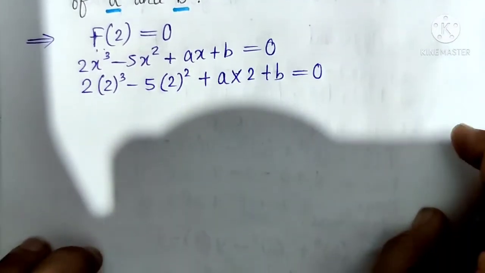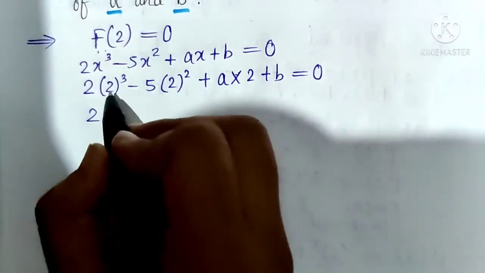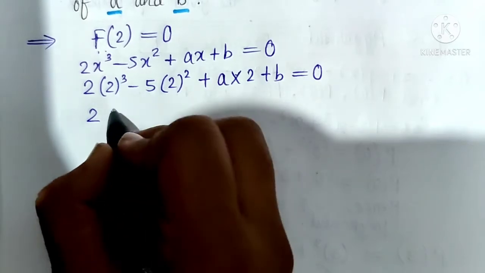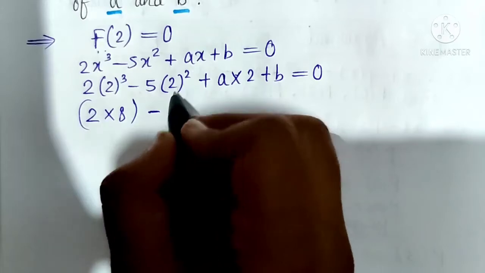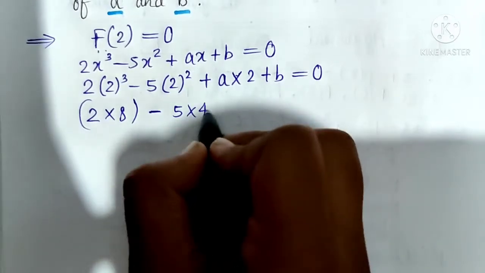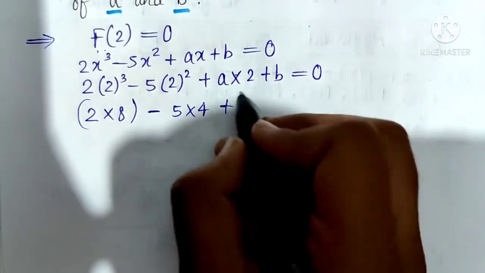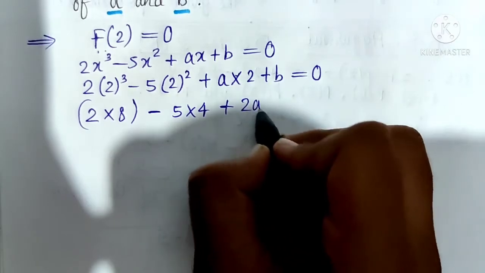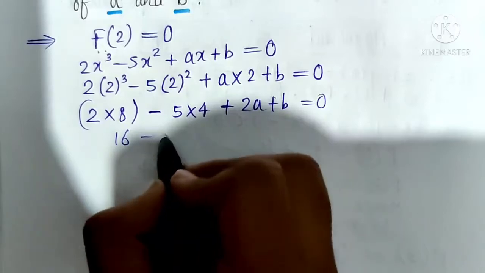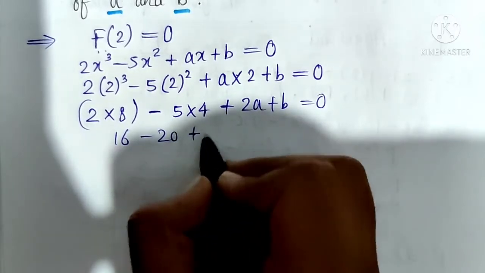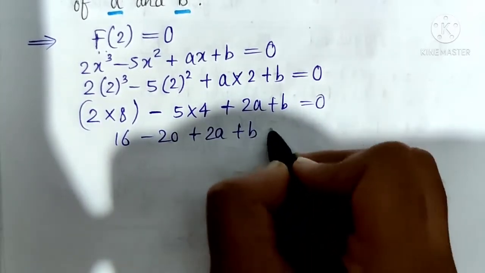Now see what value will come. 2 cube: 2 twos are 4, 4 twos are 8, so 2 into 8, then minus 5 into 4, and then plus a into 2, which is 2a, plus b equals 0. Now 2 times 8 is 16, minus 5 times 4 is 20, plus 2a plus b equals 0.